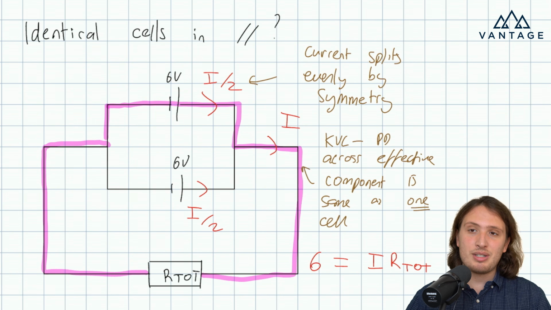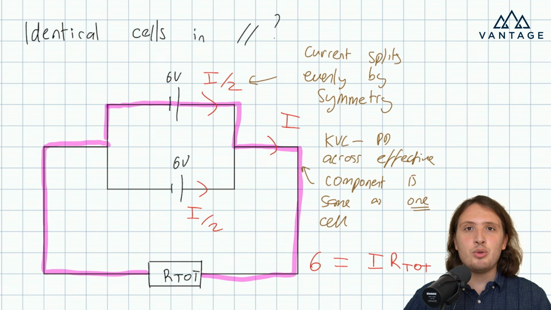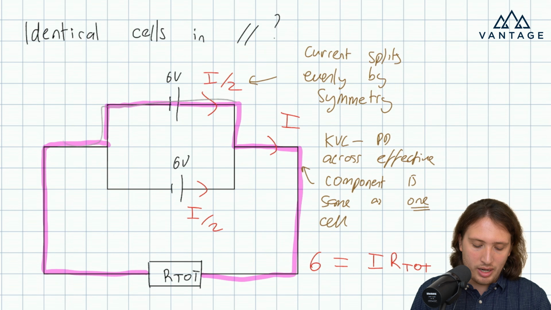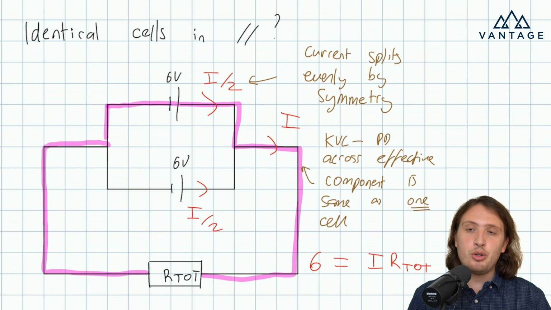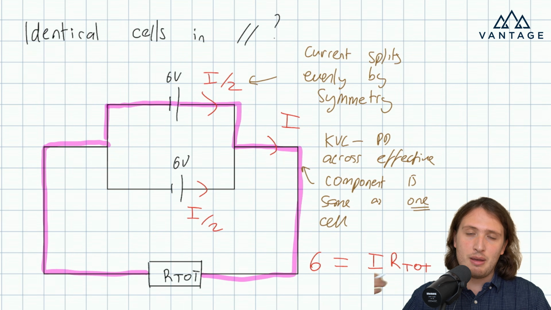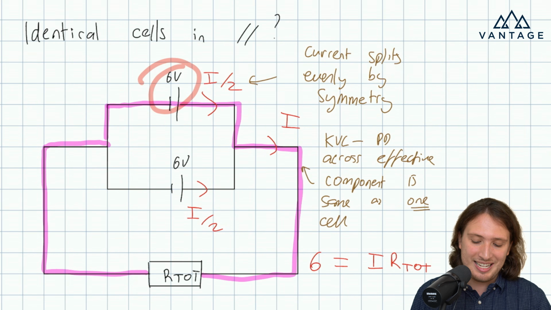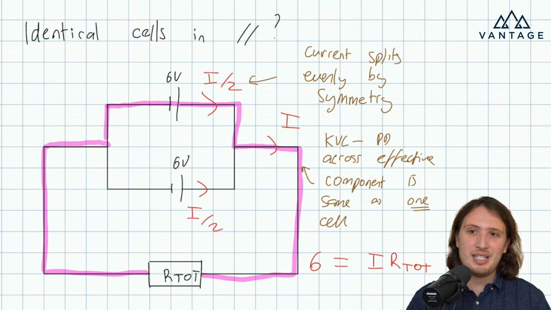In terms of potential difference, remember Kirchhoff's voltage law applies to a closed loop around the circuit. So this is one closed loop. Obviously, another closed loop that we could, in theory, take is the one that goes that way round. Each closed loop only crosses one of the cells. So that means that the potential difference across my effective imaginary component is 6, not 12, the potential difference of just one of the cells. And R is clearly still R tot.